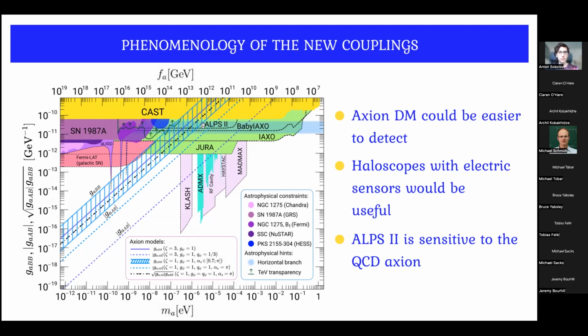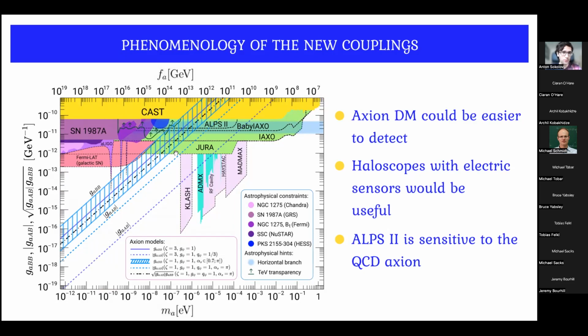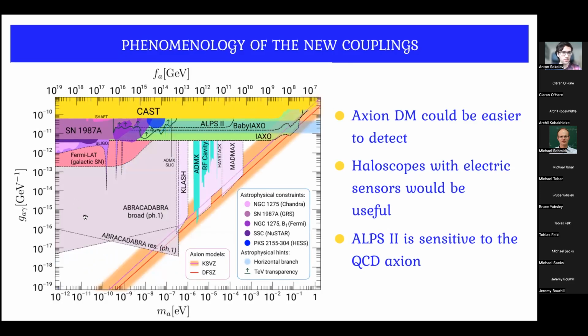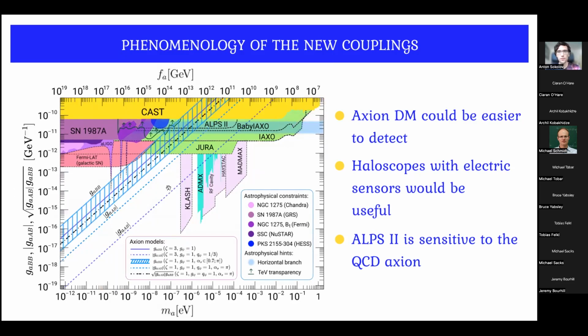And UPS2, which will probably be starting this year, is sensitive to the QCD axion, which is nice in these models. We also don't put the projections from ABRA, say, or other haloscope experiments, because, as I said, this would lead to qualitatively different physics.